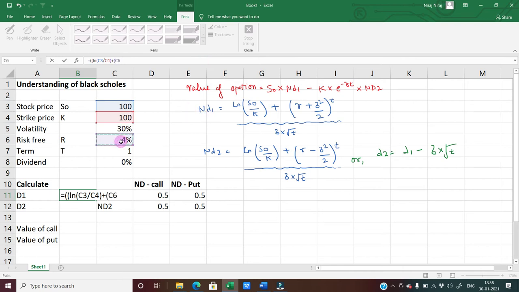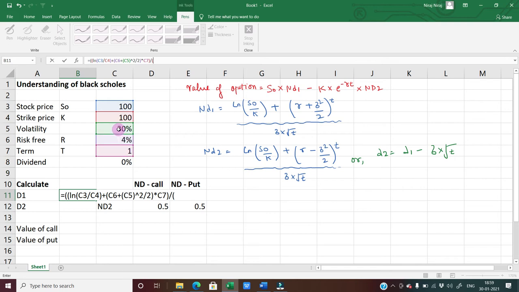plus my rate, plus, again I am making a bracket because I have to apply a square to this. I am putting raised to the power 2 divided by 2, multiplied by T. I am closing the bracket of the numerator, divided by the denominator.